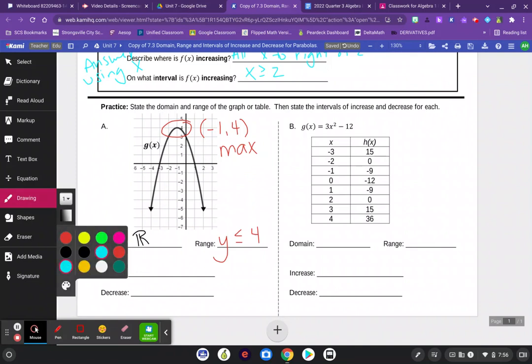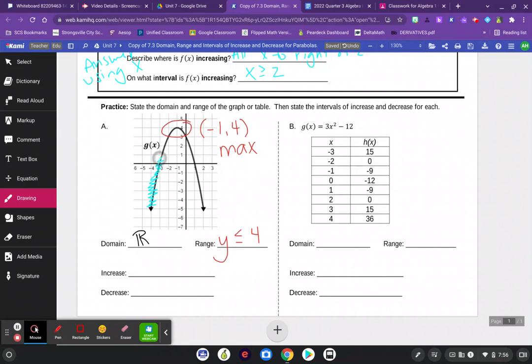Increasing, so again, I'm going to use my highlighter. It looks like this section is increasing. I read the graph from left to right. This section is moving upwards, and that's going to stop when the x value is -1. So I'm increasing for all values to the left of -1, so x is less than or equal to -1.